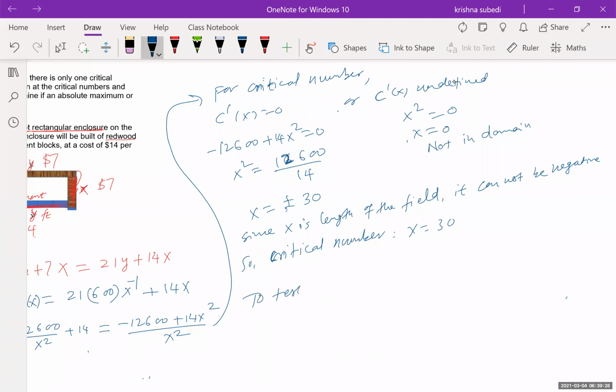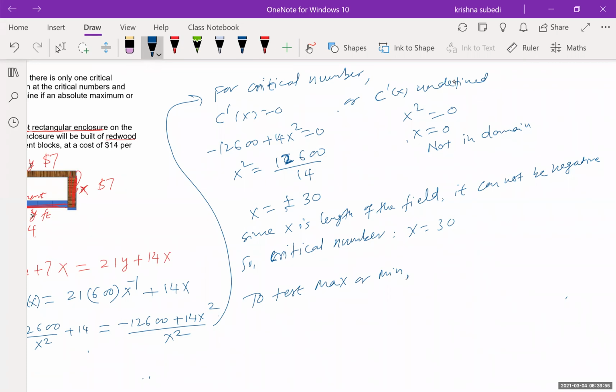To test maximum or minimum, you can use first derivative test or second derivative test. Remember, if you want to use the first derivative test, you need to draw a number line, put 30 there, and then we have two intervals, choose a testing point for each interval and test. But here I'm going to use the second derivative test because that makes life easy.